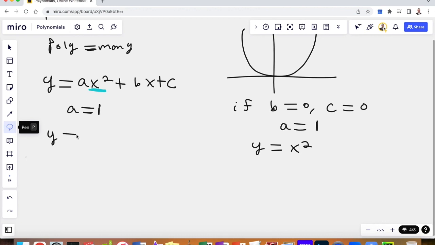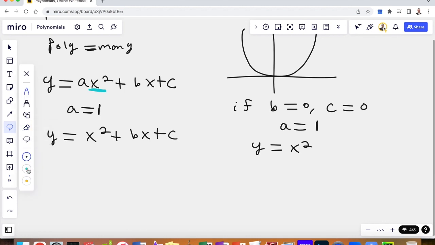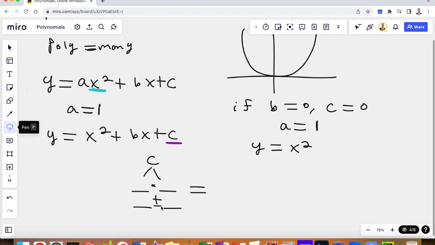So let's say I have y equals x squared plus bx plus c. Let me color this c purple. I'm going to look at my c and look at what two numbers multiply to c and add or subtract to b. So this is what I have.